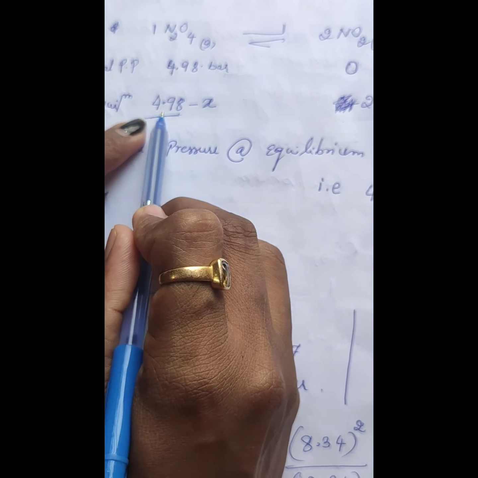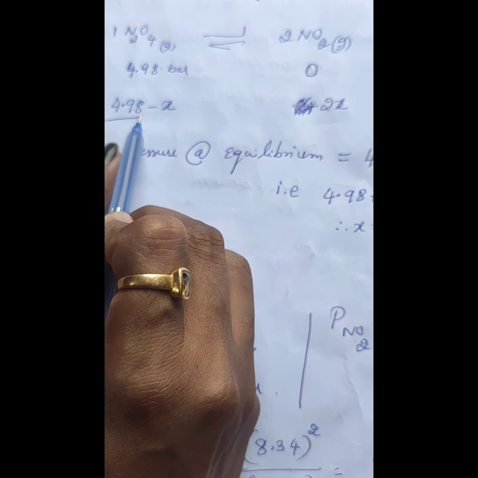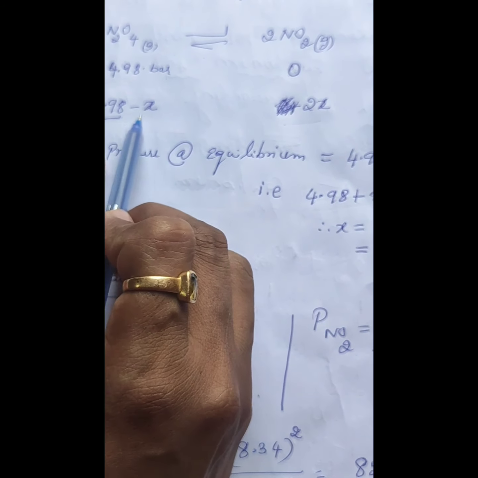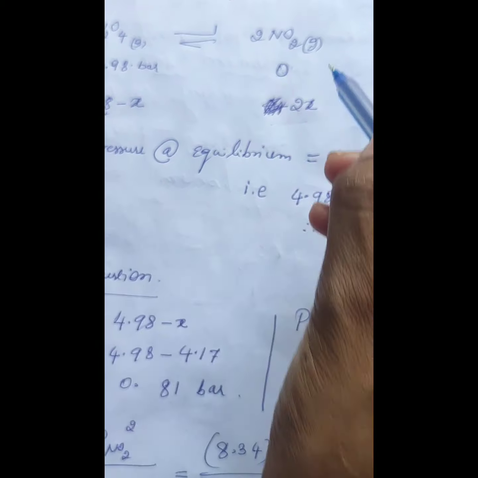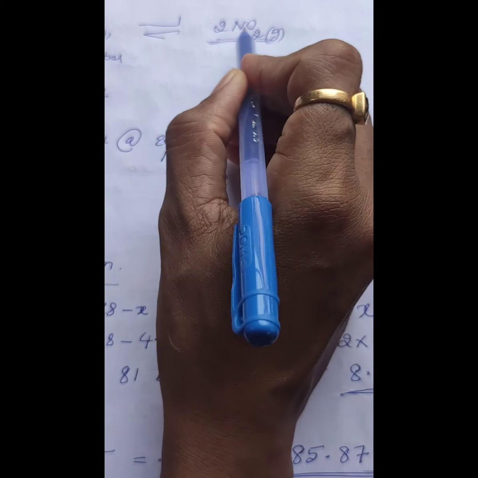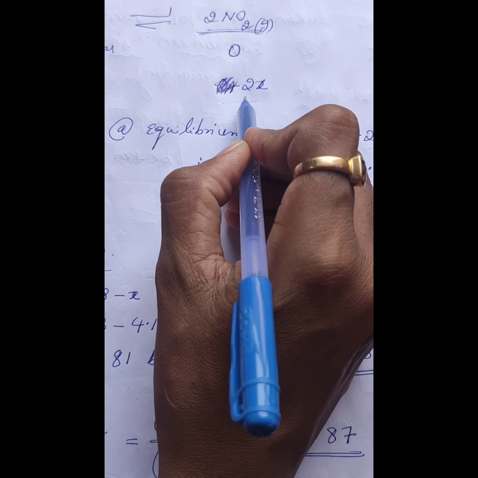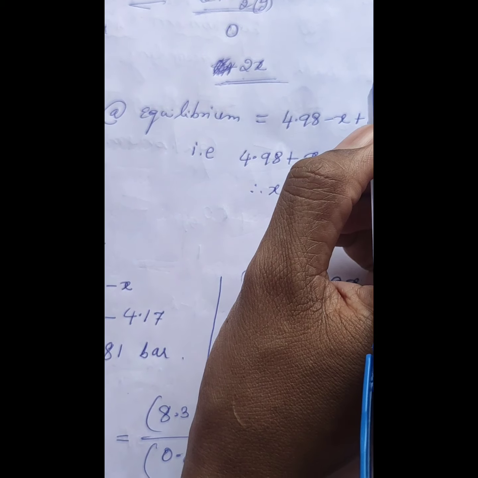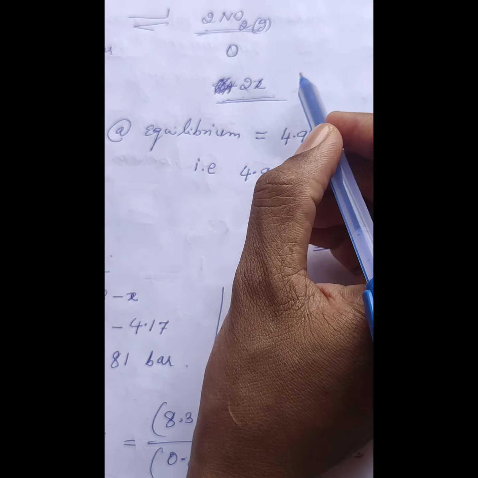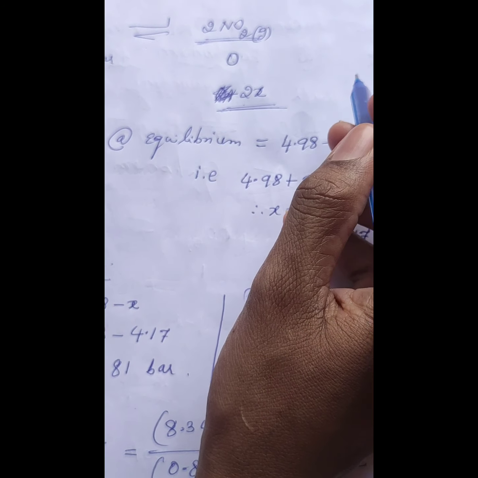So 4.98 was initial. Now as the reaction proceeded, something was consumed, so that is minus X. But after that reaction, how many moles of product will be produced? 2 molecules. So in terms of X, it can be expressed as 2X pressure, which will now exist on the product side after the reaction, that is at equilibrium.